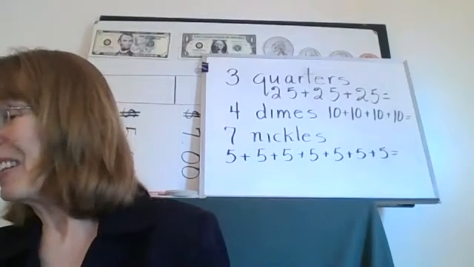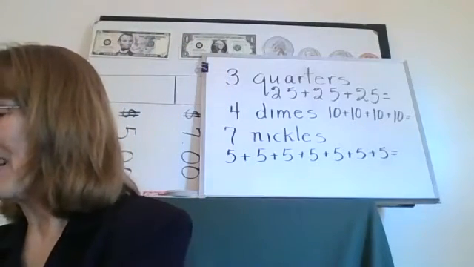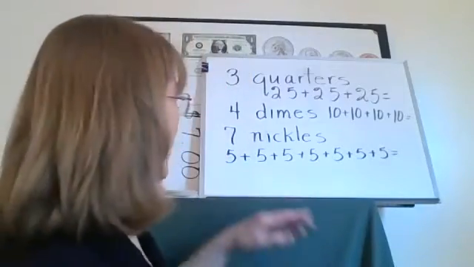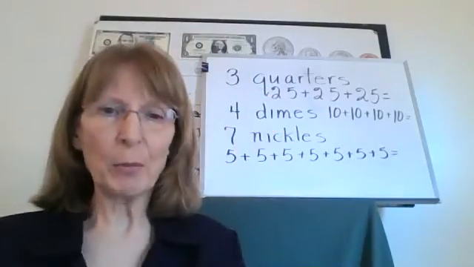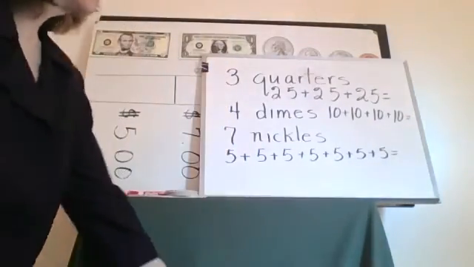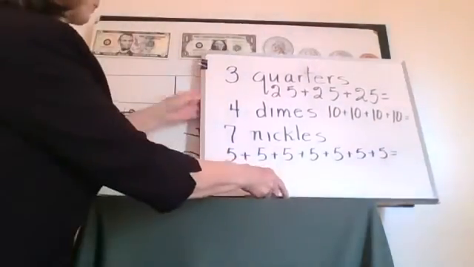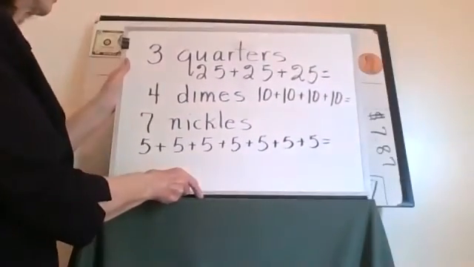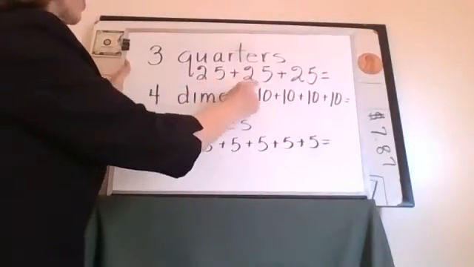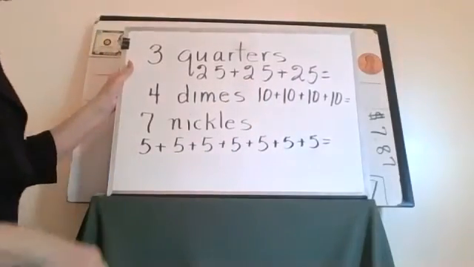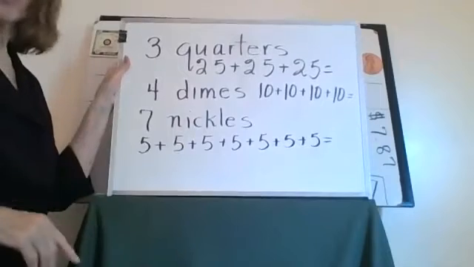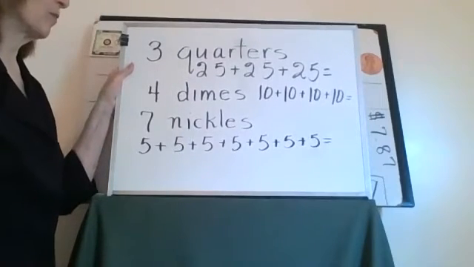Okay, let's get this together now. I'm going to do some money with you today. I have this up here, so I'm going to stand up and we will look at that. If I had 3 quarters and I added them together, we first have to remember that a quarter is 25 cents.